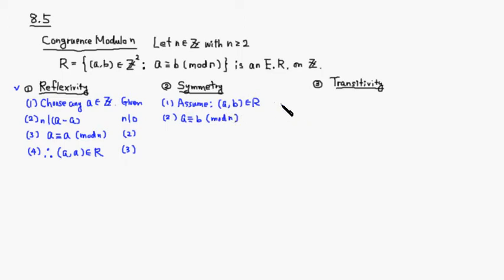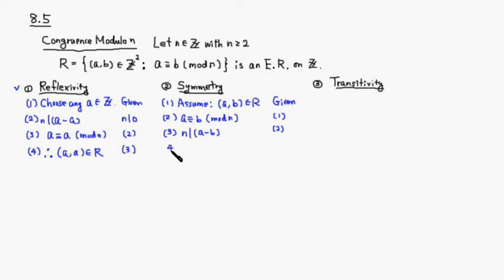The justification for the first line is that it is given. Then line 2 comes from line 1 and the definition. Line 3: this just means that n divides the difference a minus b. That comes from line number 2.